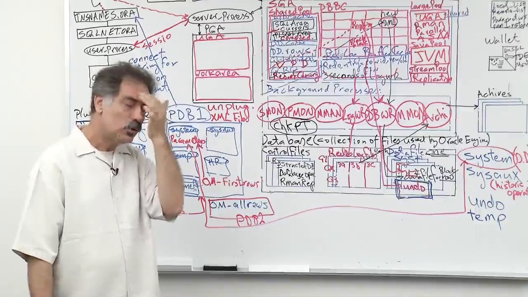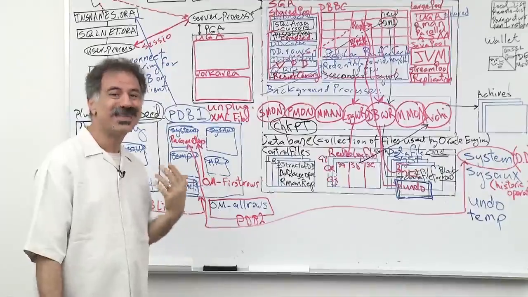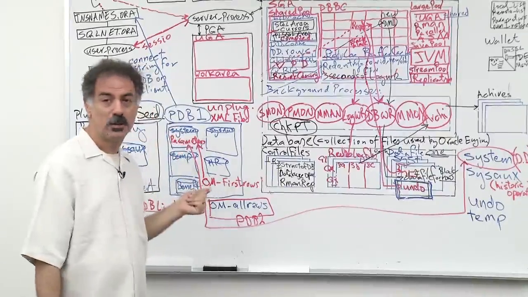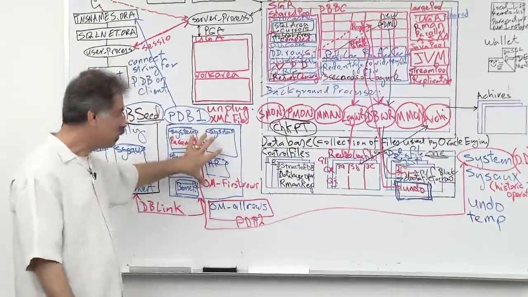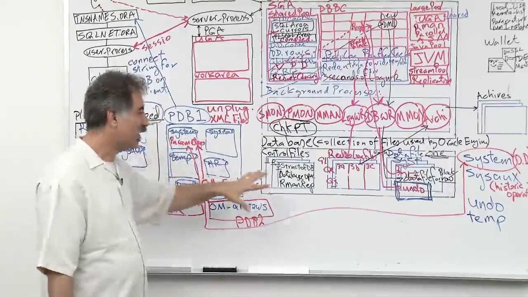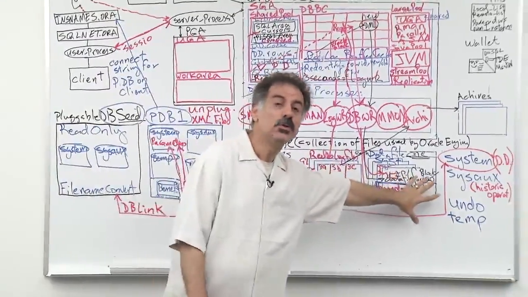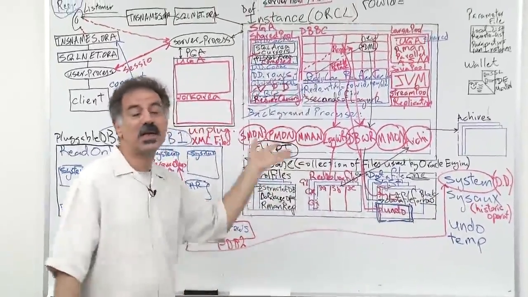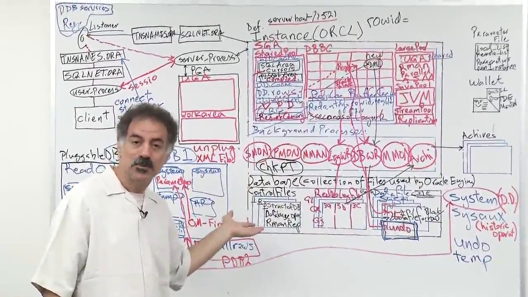If I have a damaged system file at the PDB level, that PDB cannot be accessed. If I have a damaged system file at the CDB level, now the whole container cannot be accessed. Okay?